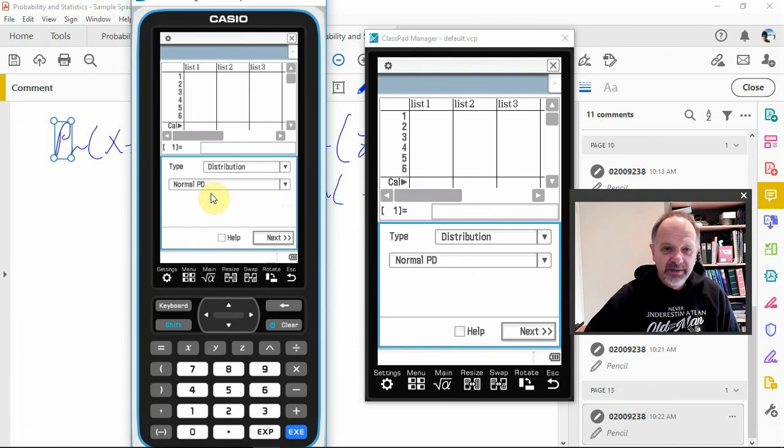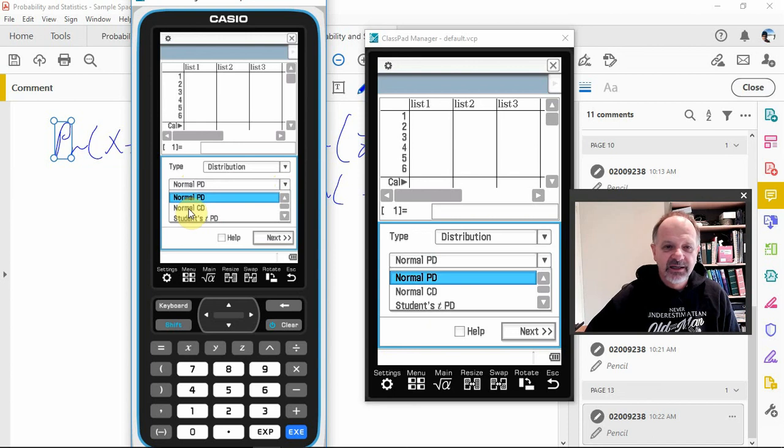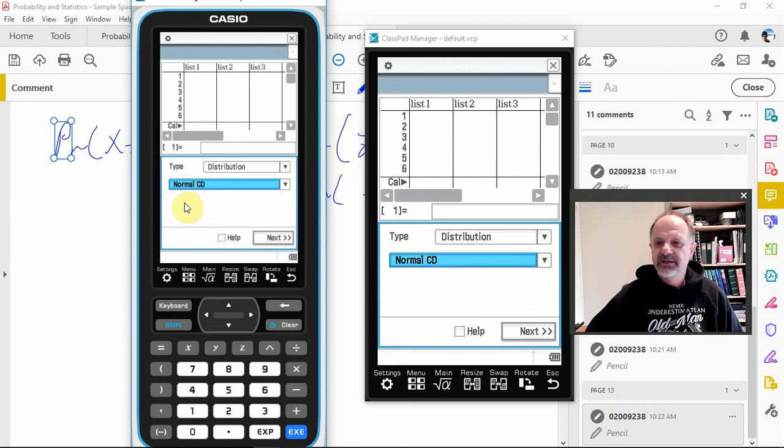Normal, PD, probability density. Now you'll notice there's a CD. We want the CD. CD means cumulative. So that means it's going to add up all this stuff. And we do want it to add up all this stuff. We want to add up the stuff that's bigger than 1, don't we? So we choose that. And then we go next.